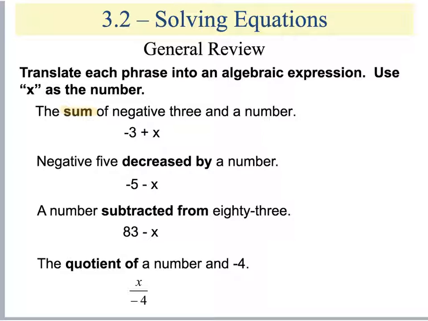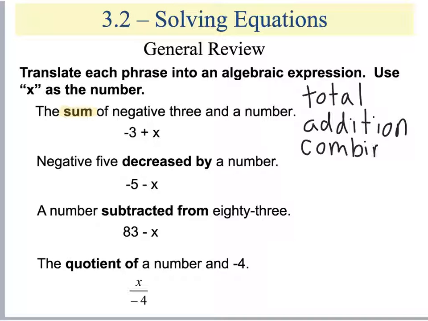The sum of -3 and a number, and some of the other things that we could put for the sum: we can put the total, the addition, or combination, and a couple others, but there's just a few examples for you.